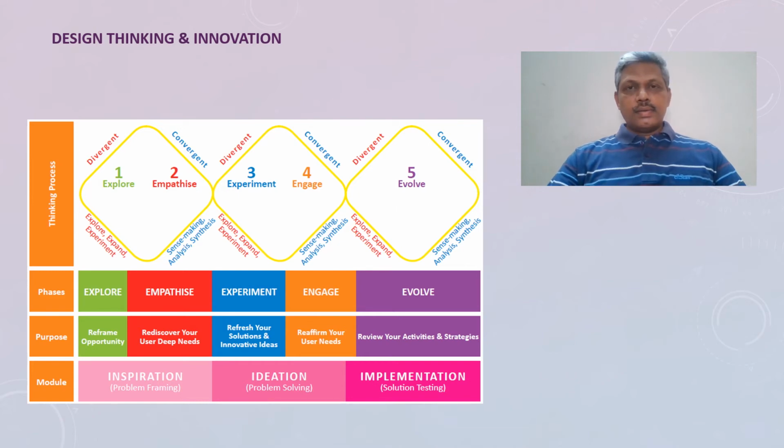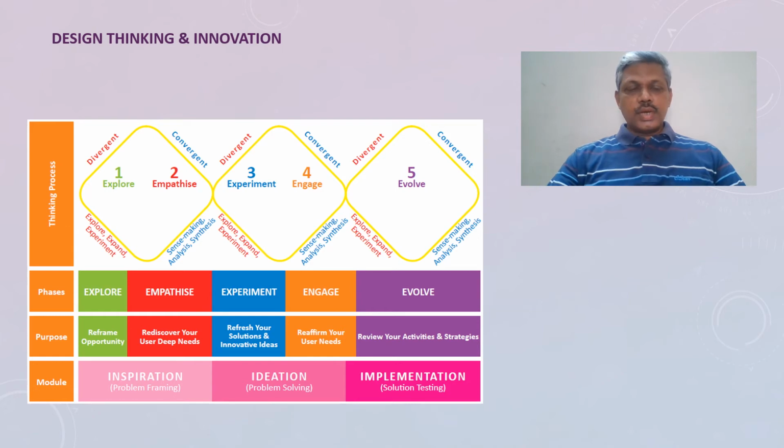And again the inspiration phase consists of explore and empathize. Previously we started with empathize and then define. Slight variations. So first it asks us to explore and reframe the opportunities, whatever opportunities are available, and then empathize. Empathize means interacting with the target groups to get insights and a deeper understanding of the problem.